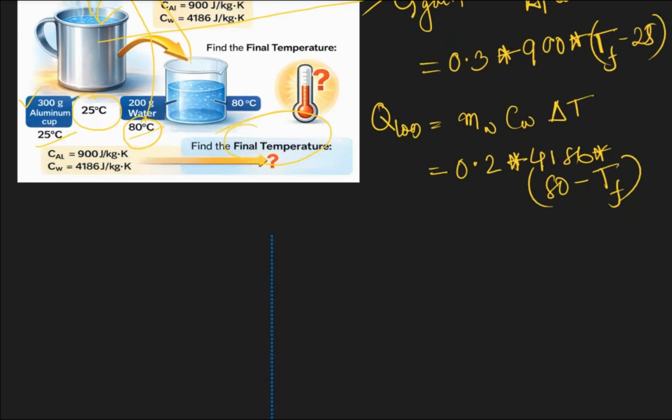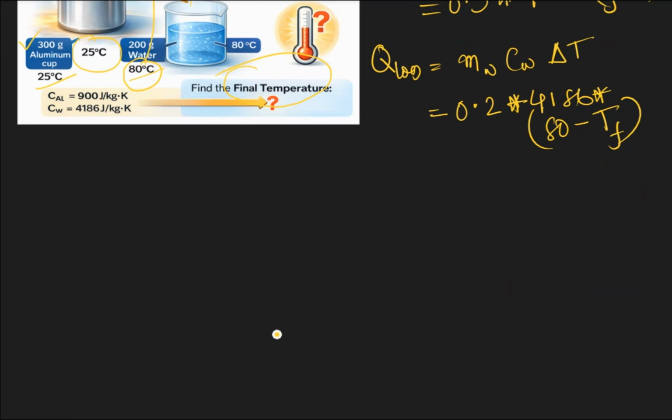And we know the formula of calorimetry: heat gain is equal to heat lost within a system. So in this system, heat gained by the aluminum container is 270 after multiplication with the value.